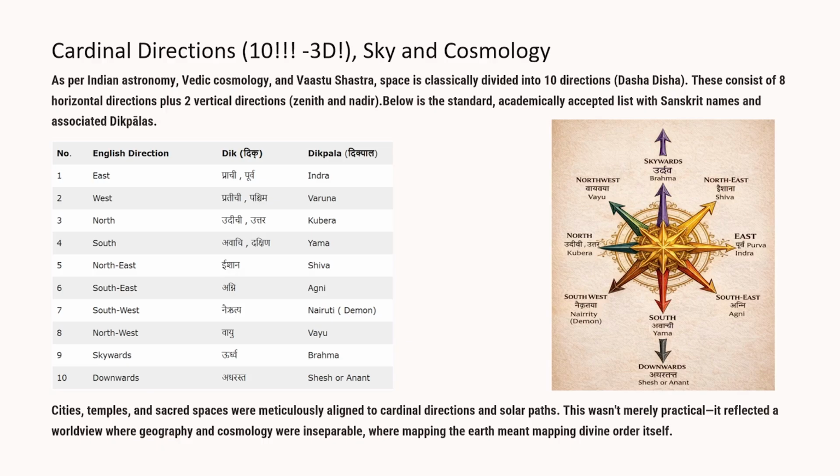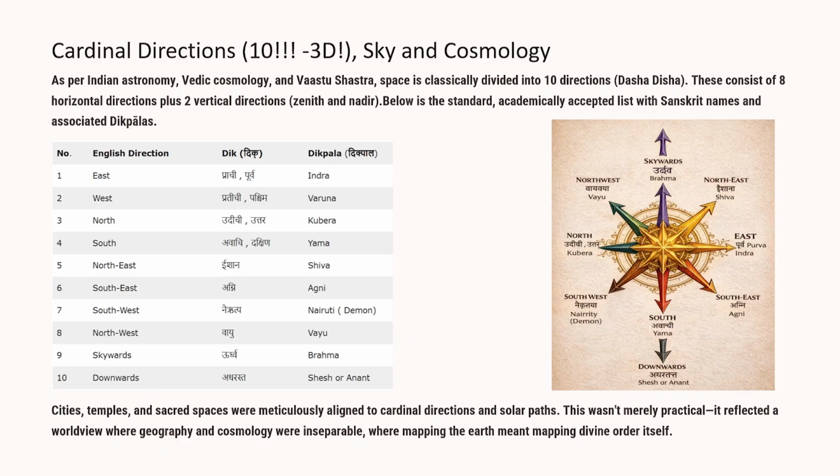Our Indian cartography has 10 directions: the 8 horizontal directions, and 2 more, one upward and another downward. The downward direction is called Ananta, the upward direction is called Brahma. Therefore, you see we have an excellent knowledge of GPS principles in the old system of measuring with 10 directions.